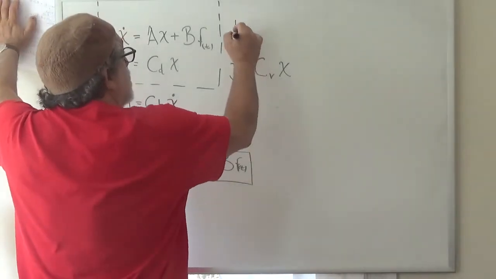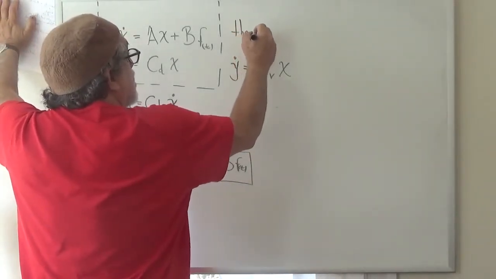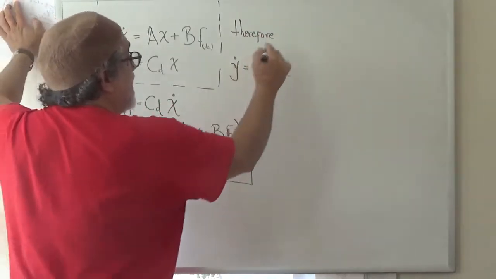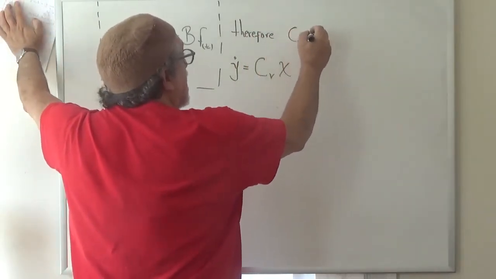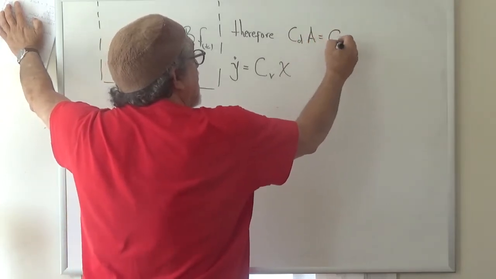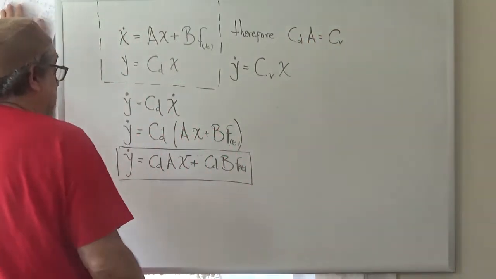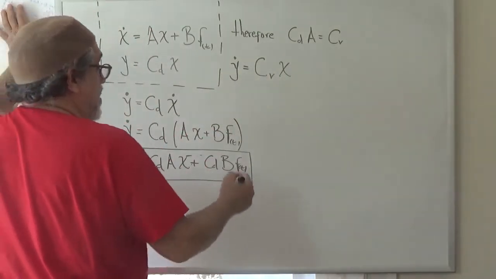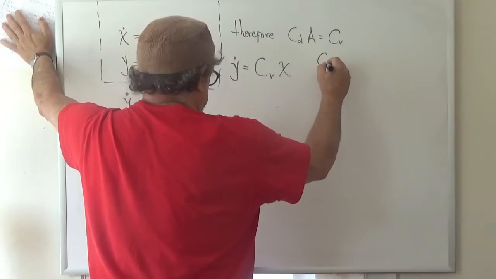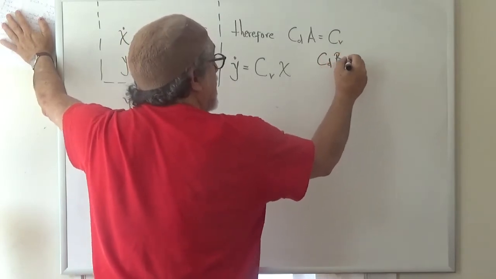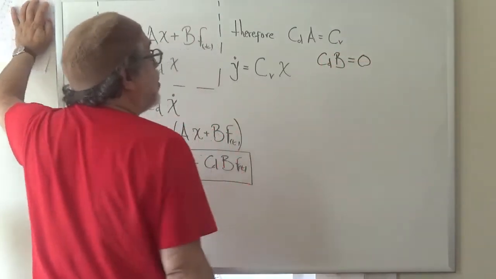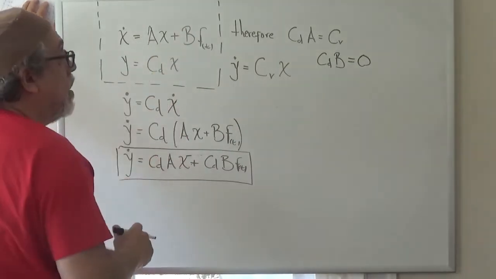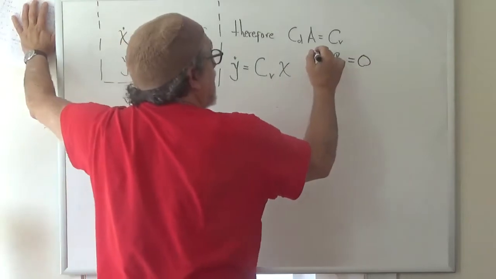Therefore, we have that CD times A is equal to CV, right? And since there is no direct transmission term when we measure velocity, we also conclude that CD times B is 0. So notice then that the state space matrices here are not really independent completely, right?